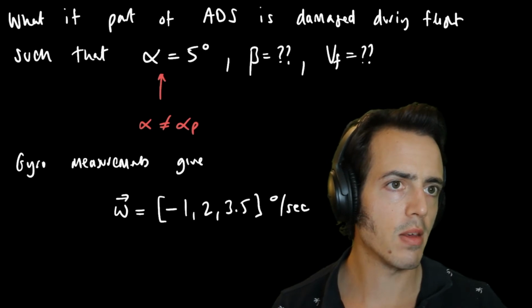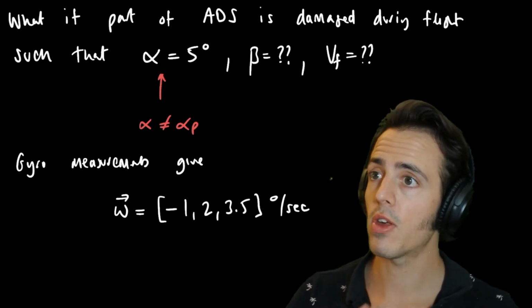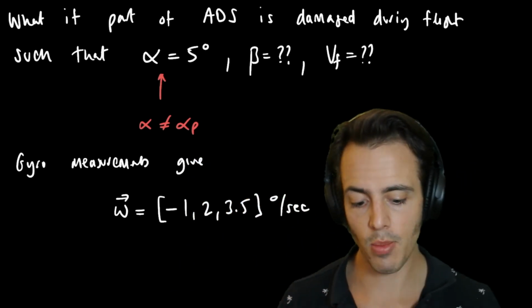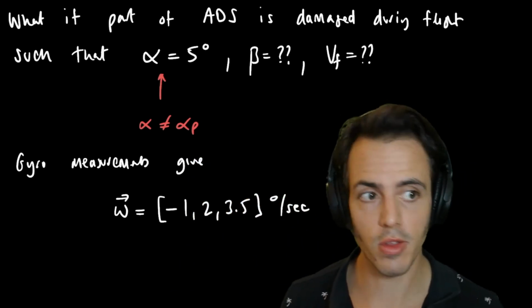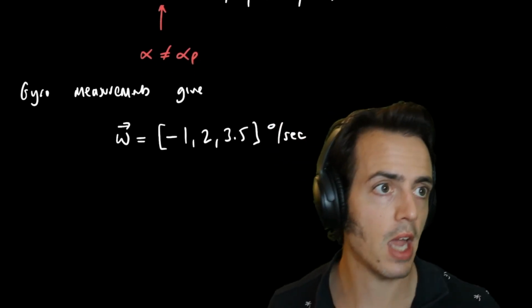And then we need some more information. So there's not enough information to recover the aircraft's body velocity yet. We need to rely on inertial measurements. So these will be taken in from an accelerometer pack somewhere on the aircraft.